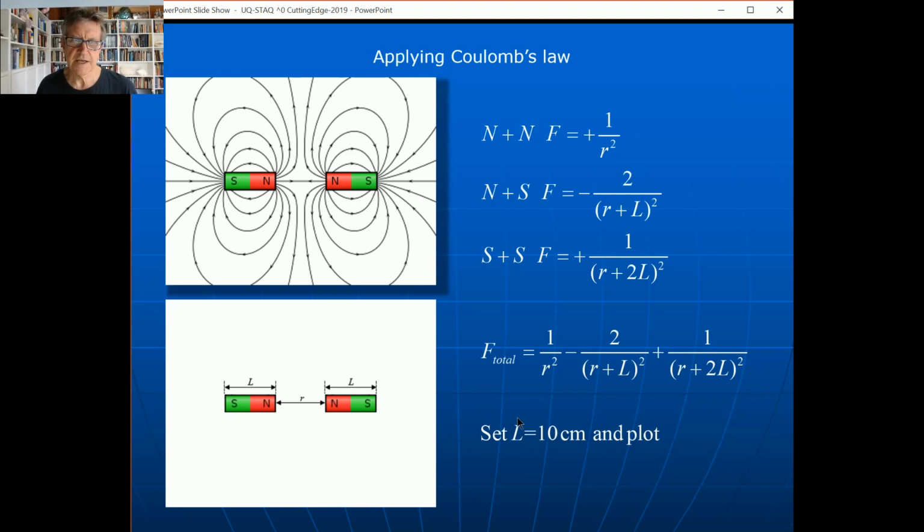Now if you set L to 10 centimetres rather than, I mean my magnets were 8, but let's say you've got 10 centimetres to keep this simple. And then we plot this relationship for F versus R, and you've just got a 10 in there and a 10 in there times 2. So you can see the total will be the sum of all of that.